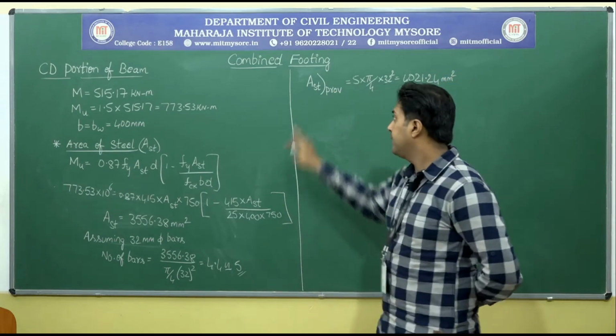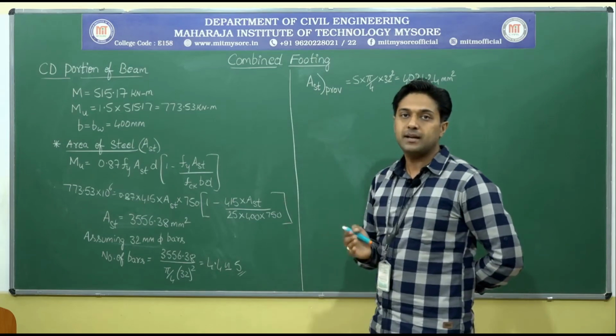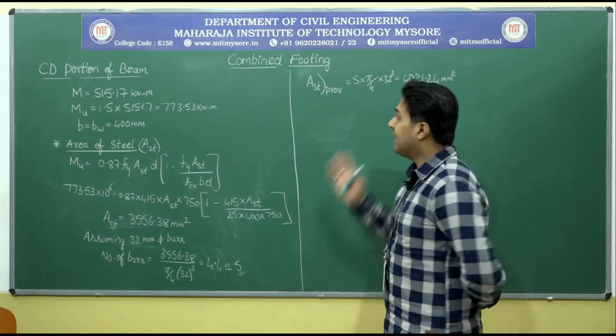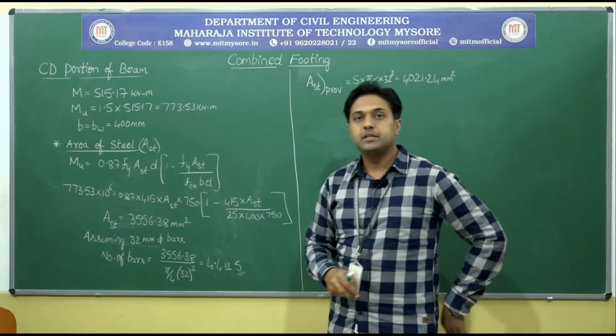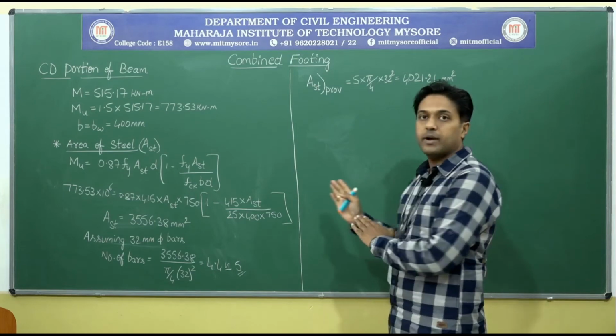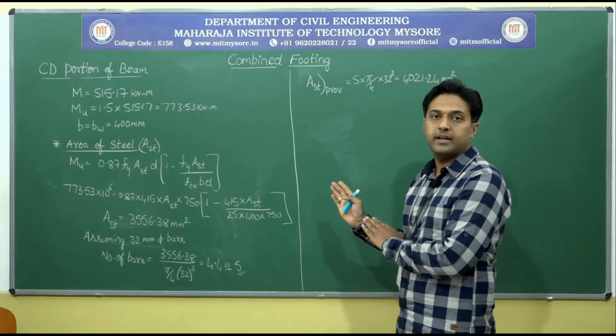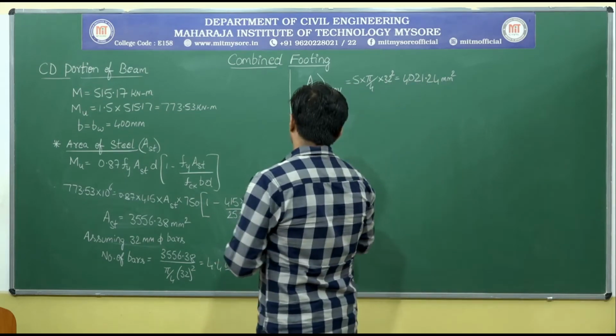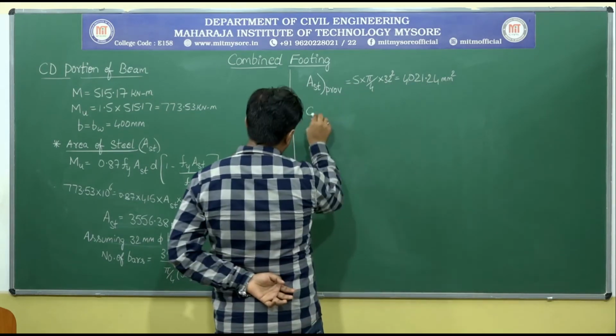Here particularly I am doing Ast provided because it's a beam. Usually in other things also we need to do it, but there it was a slab, so I have not done it. Here it's a beam, so we need to provide the shear reinforcement in the form of vertical stirrups. That's why I have calculated Ast provided. So now we'll move on with the check for shear.